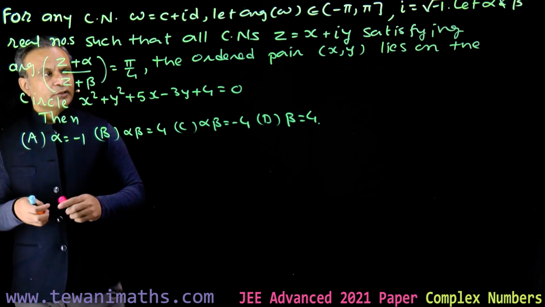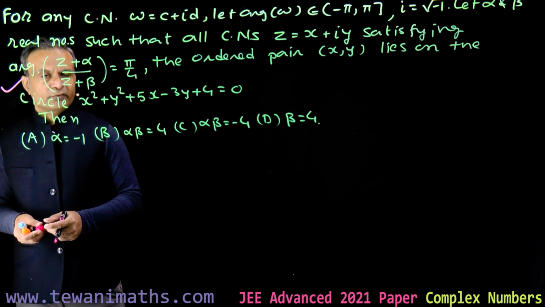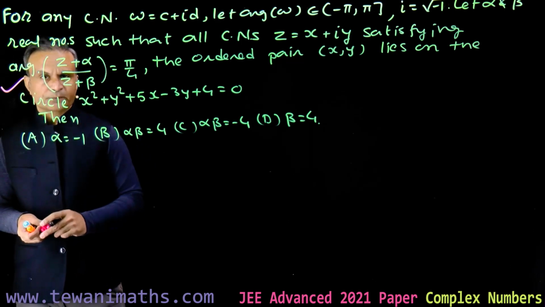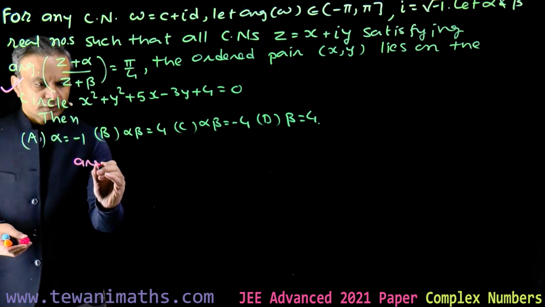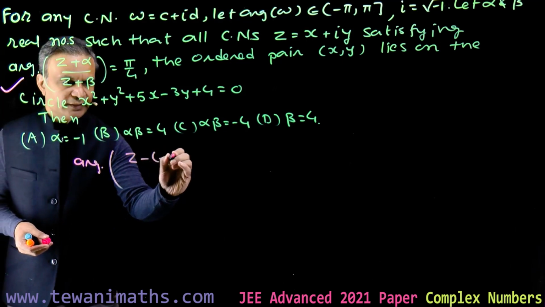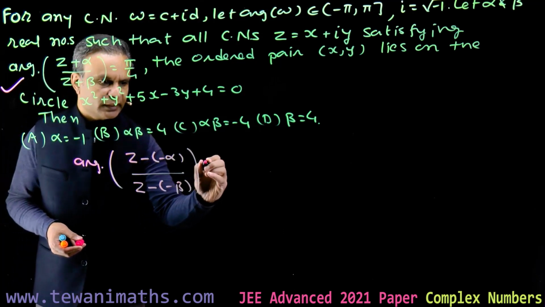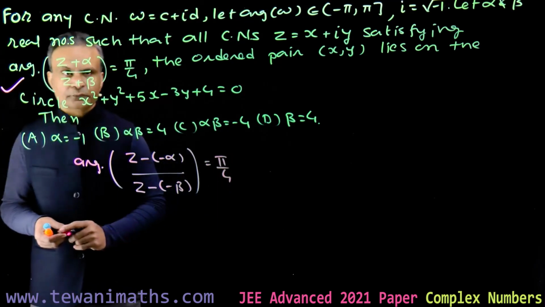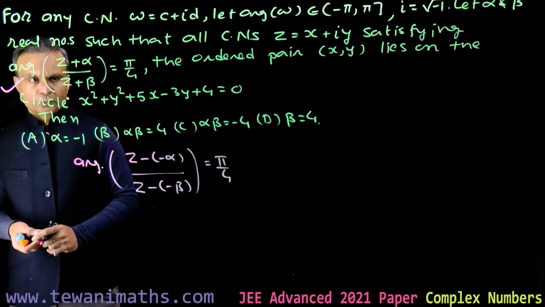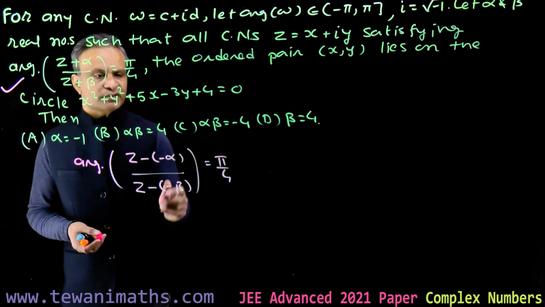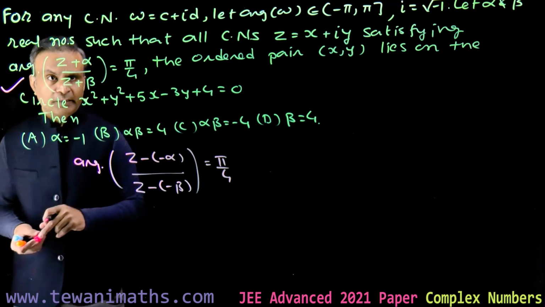Now tell me what will be the locus of complex number z? The variable complex number z satisfies this equation, so what will be its locus? This is a very common equation. We have argument of z minus minus alpha over z minus minus beta is equal to pi by 4. That means the angle subtended by the line segment joining complex numbers minus alpha and minus beta at variable complex number z is pi by 4.